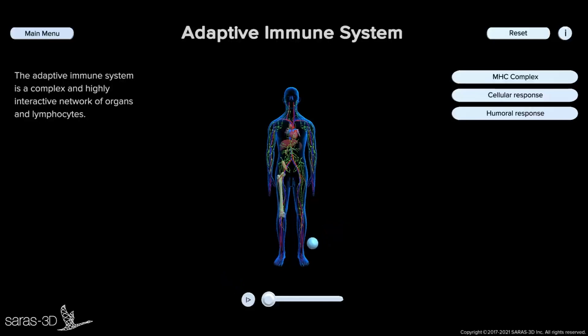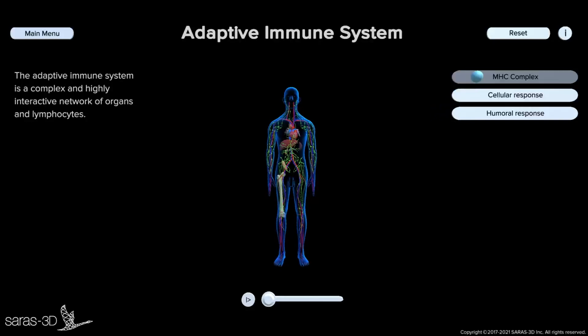When we talk about the components of adaptive immunity, we classify them into three components: the MHC complex, which is involved in the antigen presentation, and the rest two components include the special responses either in the form of cellular response or the humoral response.